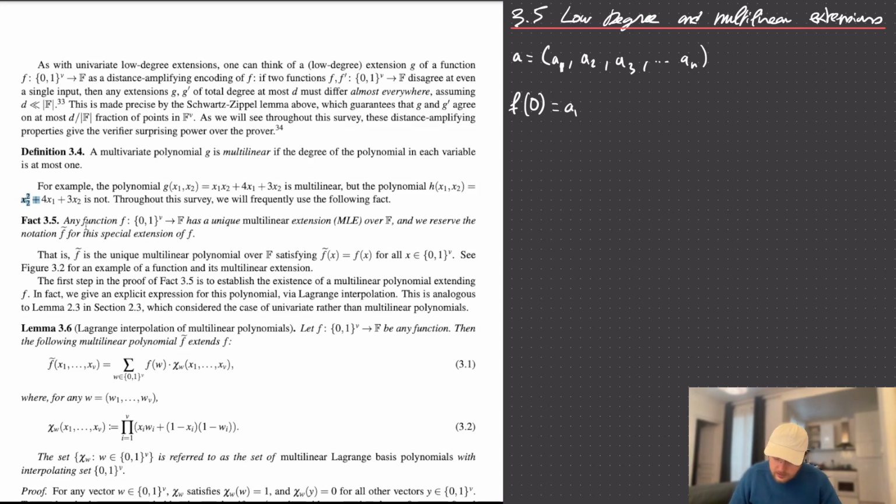So I'm trying to understand a multilinear polynomial.